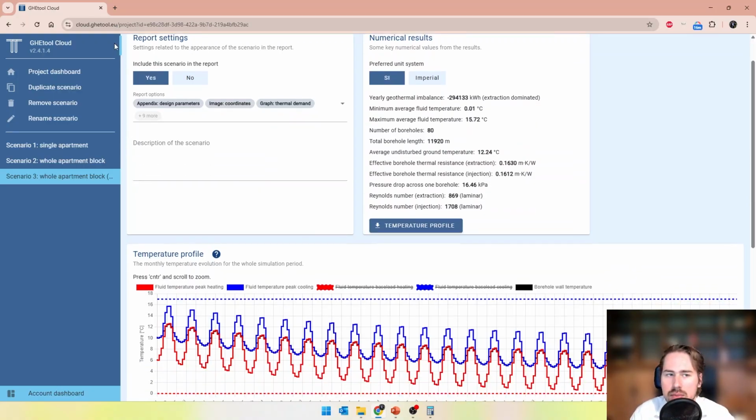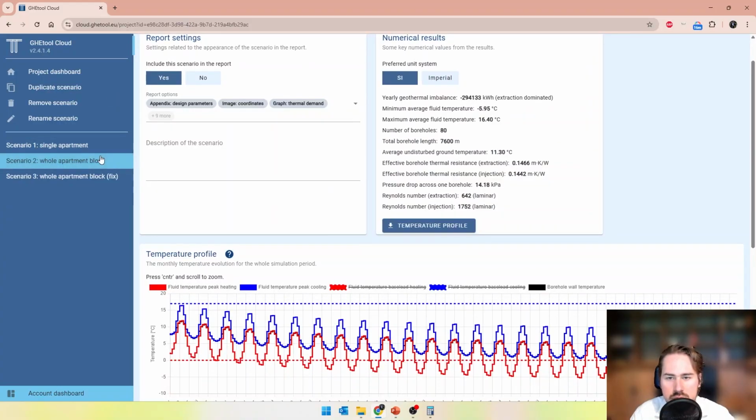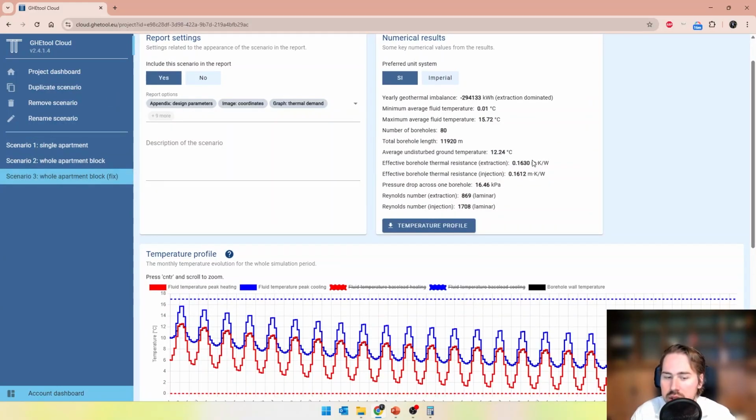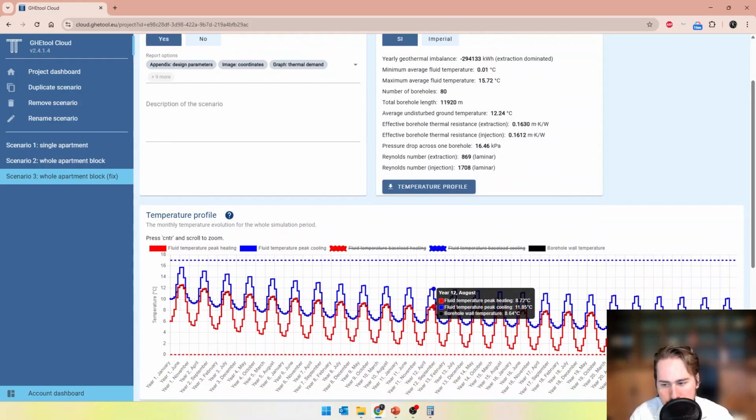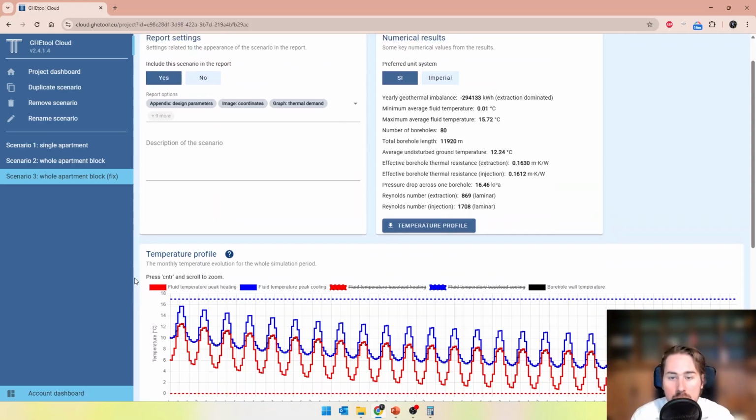If we go from our original 96 meters to 150 meters, we now beautifully fit into the temperature threshold we set. And we're no longer limited by the minimum temperature, but in the long term by this imbalance. But of course, we go from 96 meters per apartment to 150 meters, which is quite a lot of increase in our design.